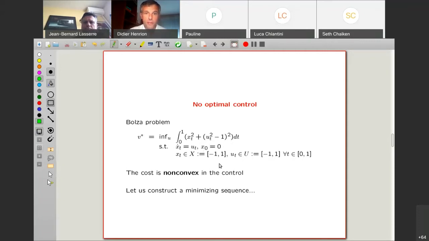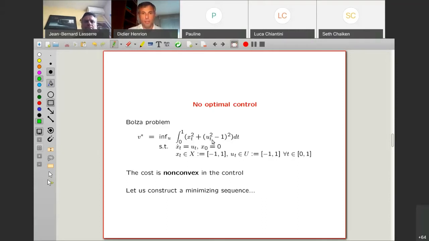What we can do, however, is try to approach the best possible value by constructing what we call a minimizing sequence. So this will be a sequence of valid control laws, which will be indexed by an integer that I will denote by r.